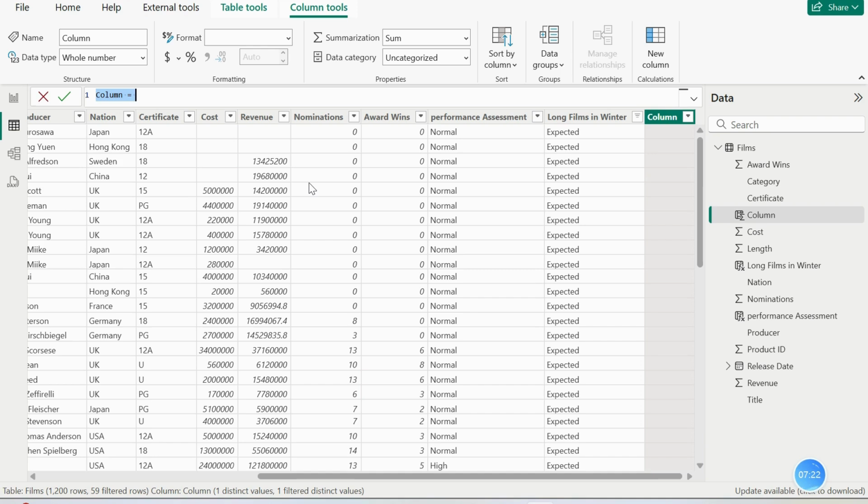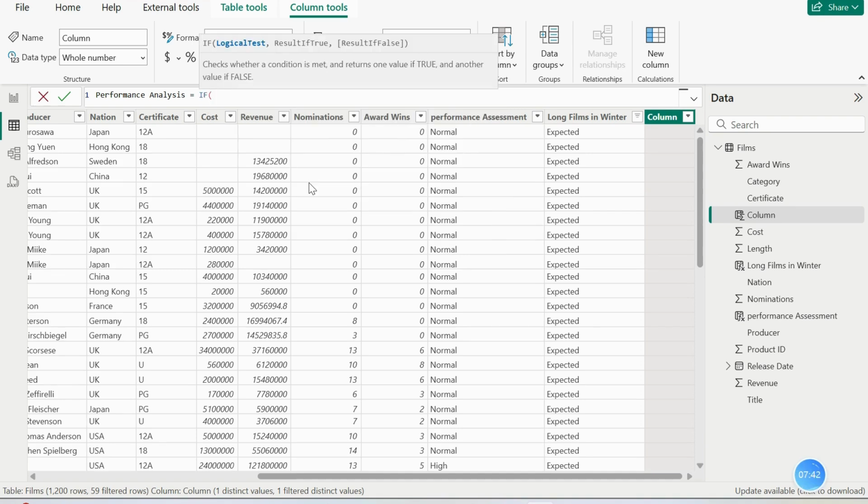For example, if we want to do the performance analysis for the movies, the first indicator is still the revenue. If the revenue is bigger than 100 million, at the same time we also need the nominations more than 3 times.